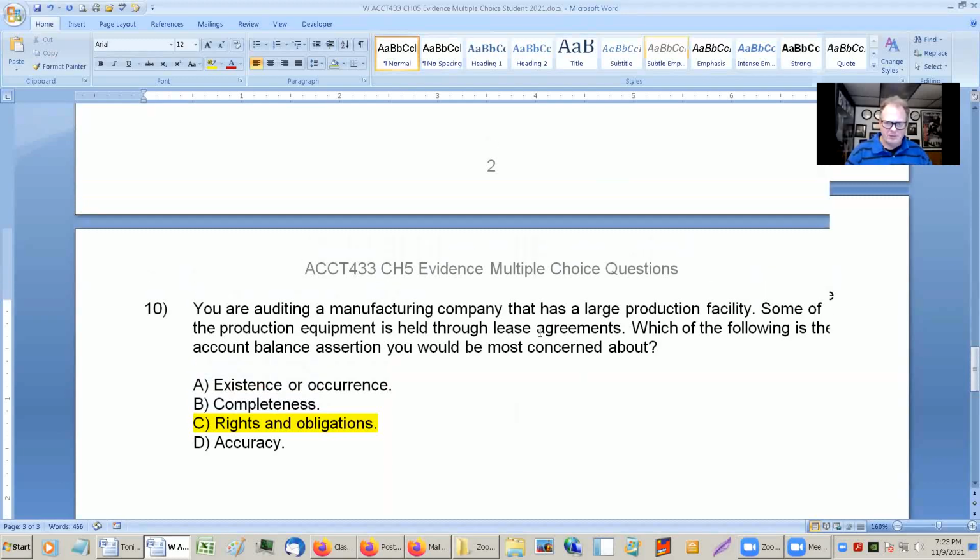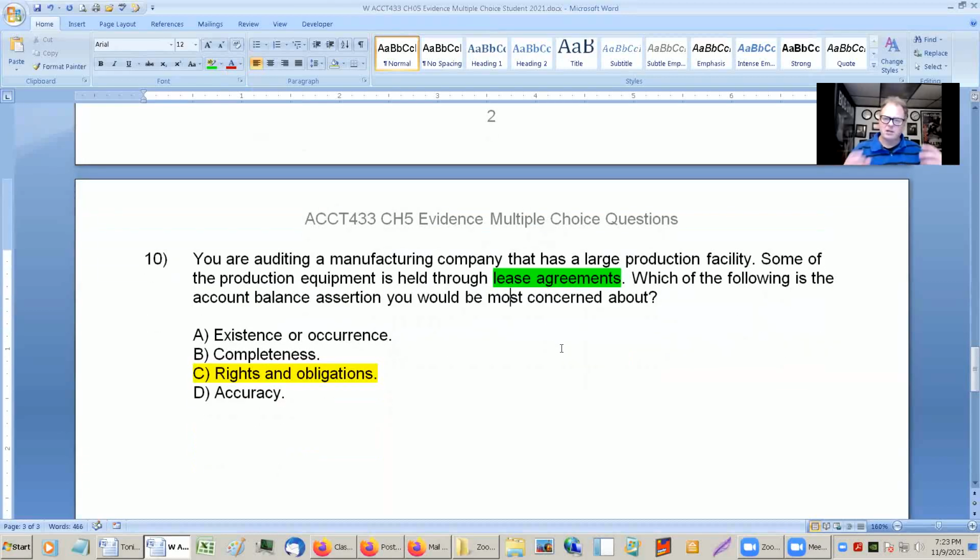The reason being, these lease agreements are sometimes such that they have to be capitalized, that you should have them on the books as assets. They may have them on the books not as assets and say, okay, we're just leasing these. But if it's what's called a capital lease, that is when you actually put it on the books as if you own it.